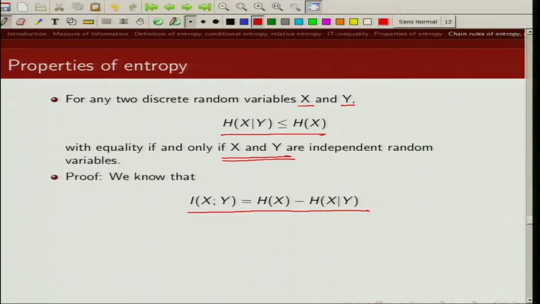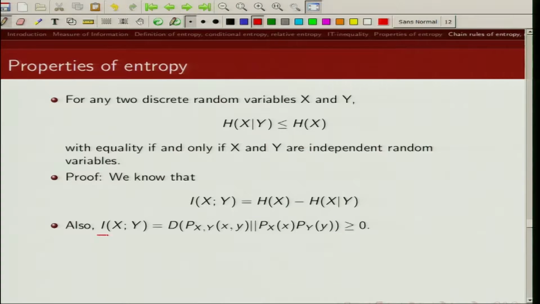Now mutual information can be written like this: it's uncertainty in x minus uncertainty in x given y. Now we also know that mutual information is nothing but the relative entropy or divergence between the joint distribution of x and y and the product of the marginals p of x and p of y. And we have shown that divergence between two distributions p and q is always greater than or equal to 0.